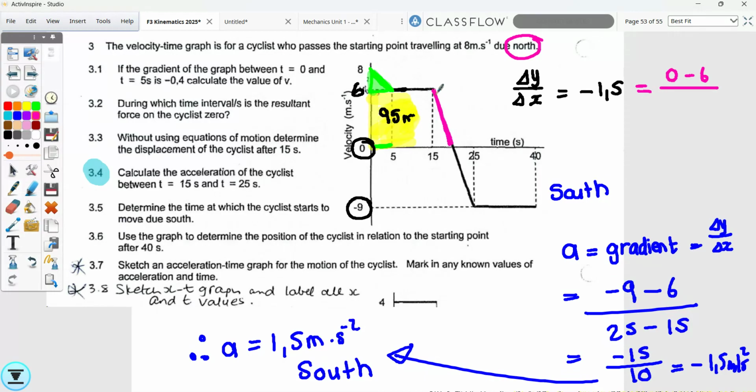But on x, we don't know what this time is. You can just call it x. So here it's going to be x minus 15. It's that bit there. Now you do the algebra, and you're going to see that x is equal to 20 seconds, I hope.